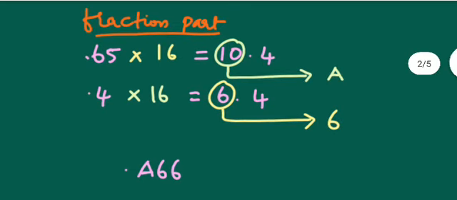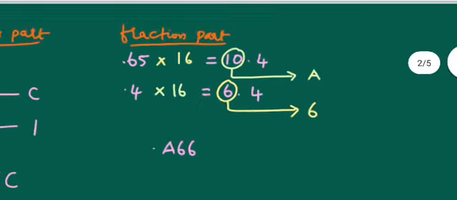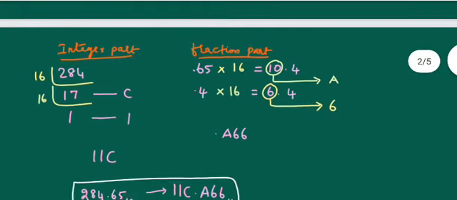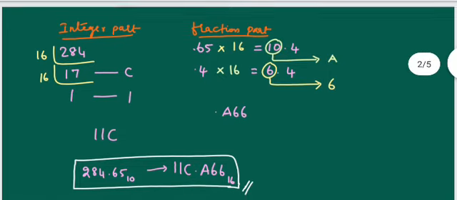This you have to write from top to bottom. So 0.A6. If you multiply again you will get 6, that's why I have written here 0.A66, 666, like that the answer will come. So what is the final answer? 11C.A66 to the base 16. This is the hexadecimal equivalent.